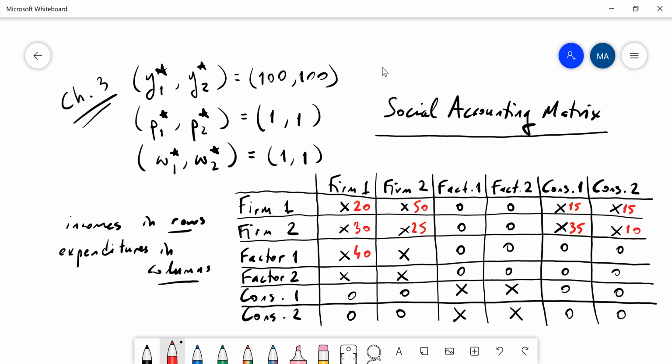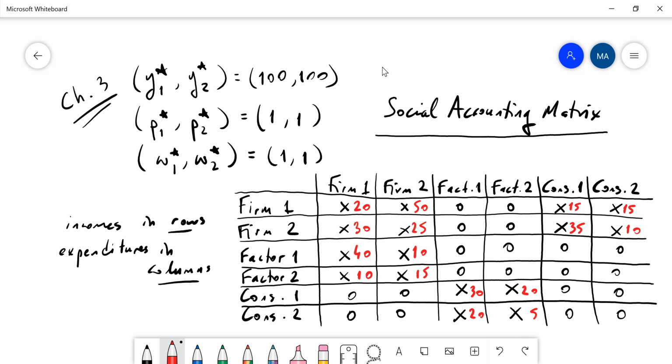So there's 40 here, 10 here, 10 here, 15, 30, 20, 20, and 5, okay? Now, as you see, I have now all the transactions in numerical units.